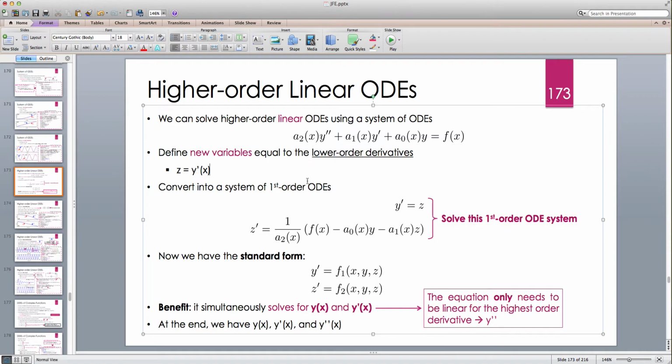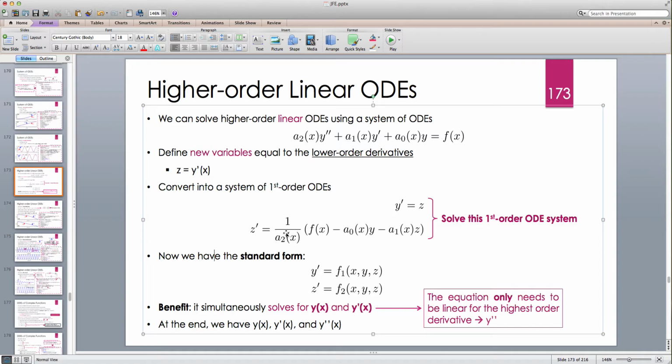It could be y prime squared or y squared, doesn't matter. And we said that we do a change of variable and convert this, for example, second order differential equation into a system of two first order differential equations. And the beauty is that when we do this and solve the system, not only does it give us the value of y, it also gives us the value of y prime.